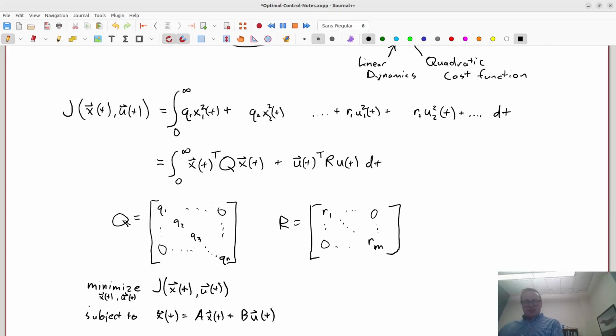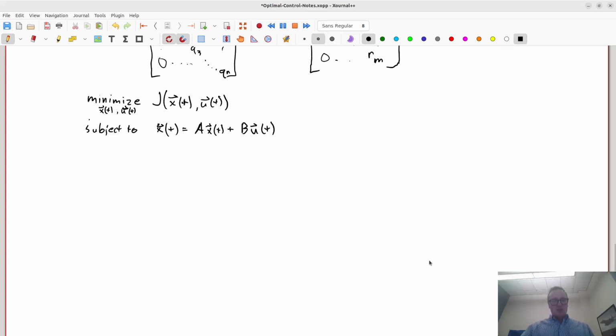Okay, so let's talk about a more concrete example from aircraft dynamics. This example is the longitudinal dynamics of an aircraft.